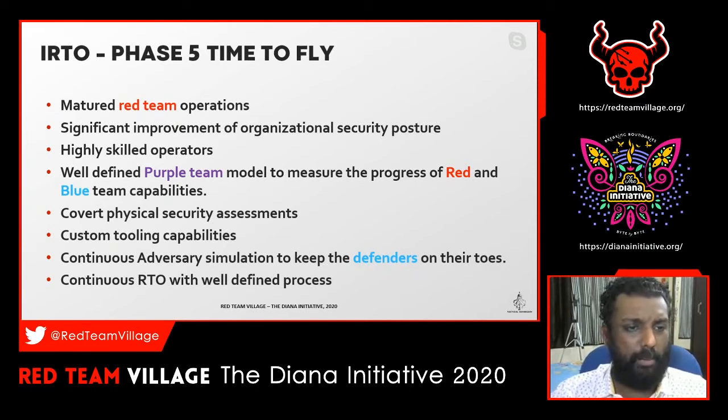That would be a better approach. It is not recommended to jump into covert physical security assessment from phase 1 or phase 2 onwards. Always wait to gain the confidence and trust of your management, put some skill into your team operations, then move on to covert physical security assessment. That is always the recommended model.